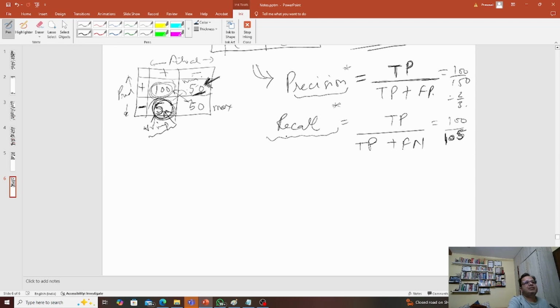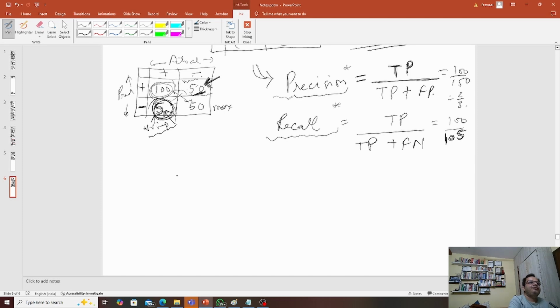Even in fraud cases, recall is very important. But in cases where you don't want to make a false positive, because marking a value as false positive can give you a very bad customer experience, precision is very important.